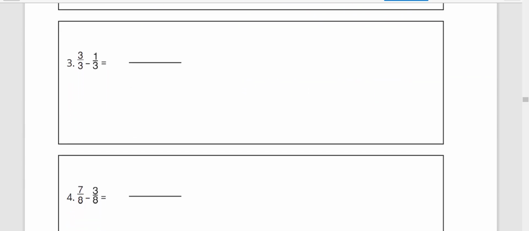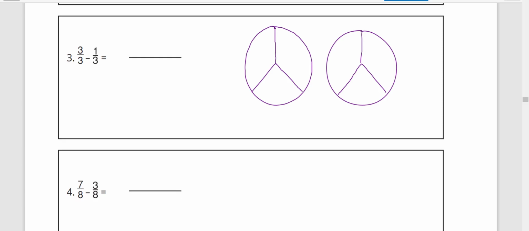Number 3: 3/3 minus 1/3. Draw two models, representing the two fractions. First fraction 3/3, shade 3 parts because the number in the numerator equals 3. And the second fraction, shade 1 part.